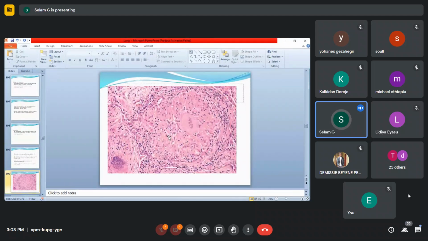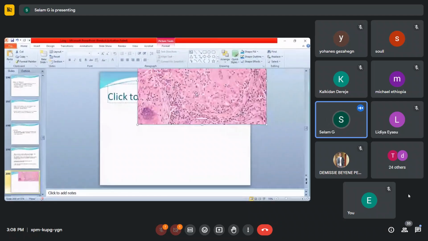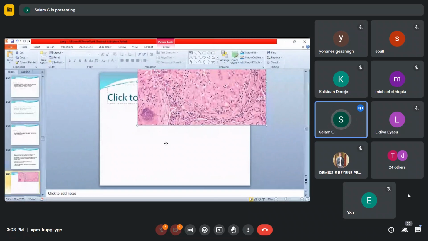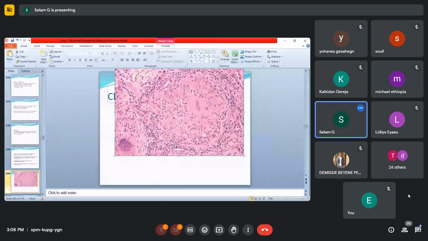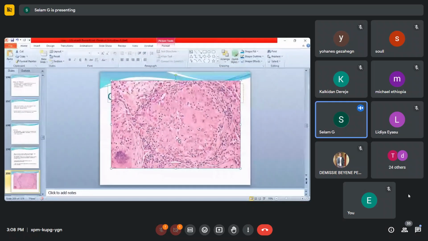So you see epithelioid histiocytes, footprint-like cells encircling the granuloma.